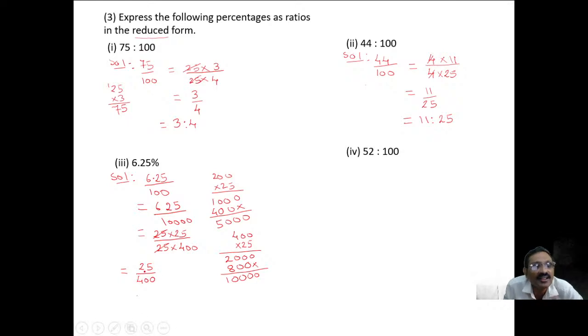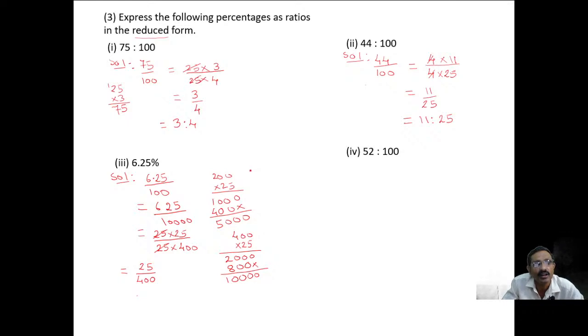Is it in the reduced form? No, because we have got 25 here and 400 here. Can we reduce it? Only one thing we can do: can we use this 25 times table and see whether it goes into 400?